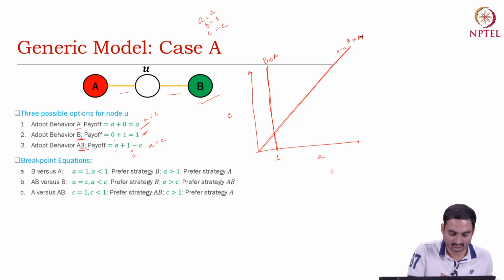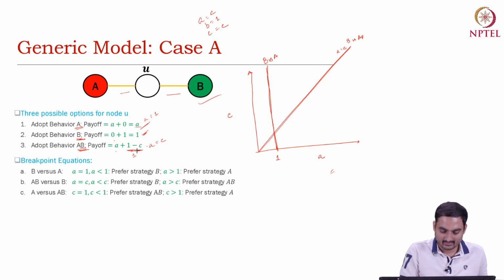What about the confusion between A and AB? When C equals 1, the payoff would be A. Then you will be confused between A and AB. C equals 1 means this line.